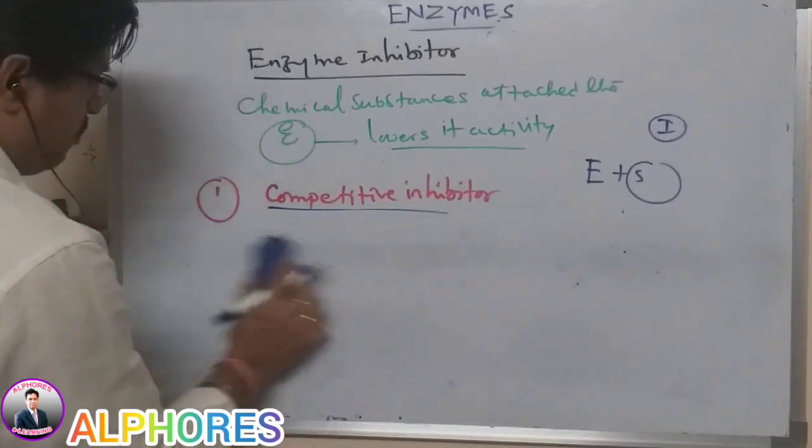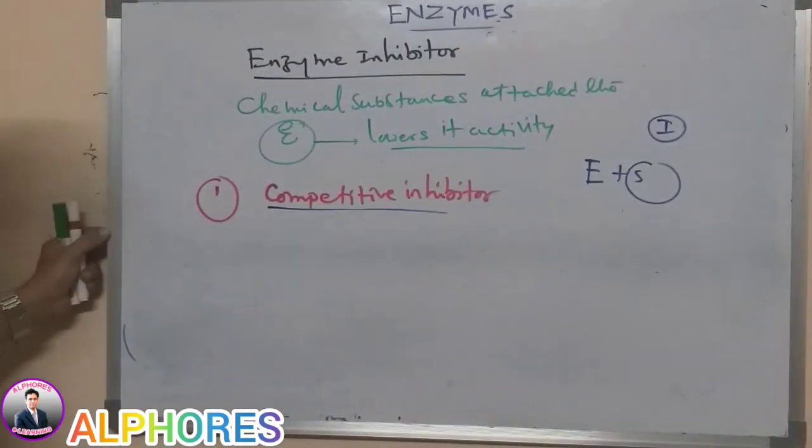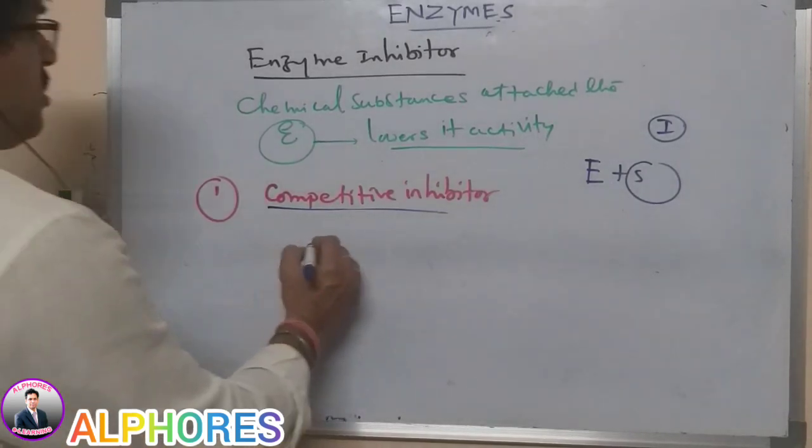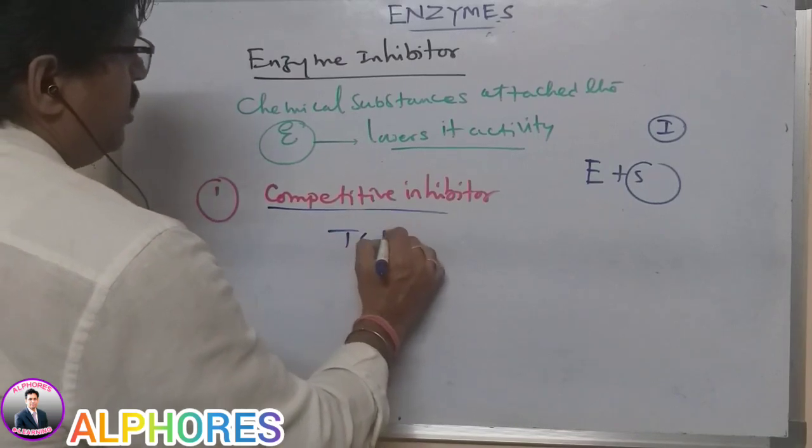Examples are there, particularly in the case of the tricarboxylic acid cycle, the TCA cycle, which you will come across in the respiration chapter.